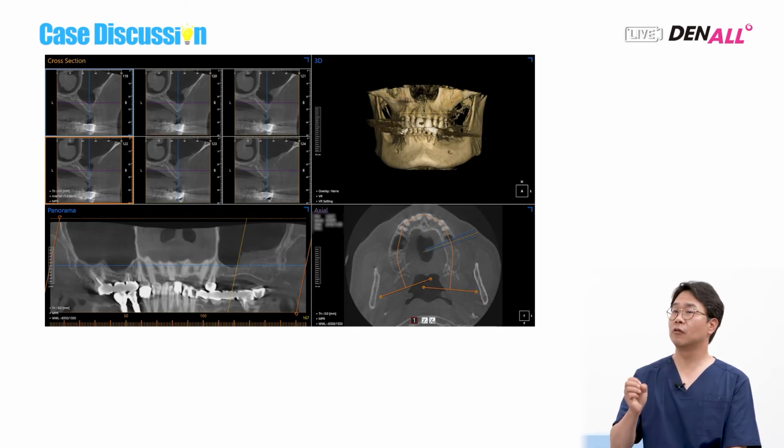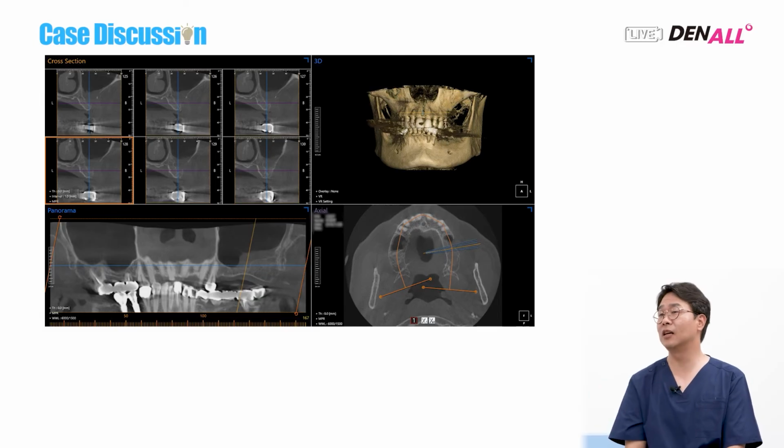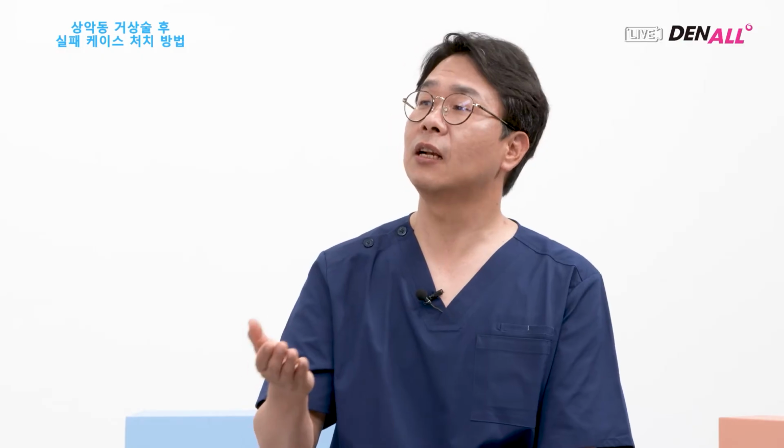As was discussed before, oroantral fistula should be prevented. Depending on the cause, the treatment can be different. Now it looks healed, but the patient complains of dull pain or induratum.